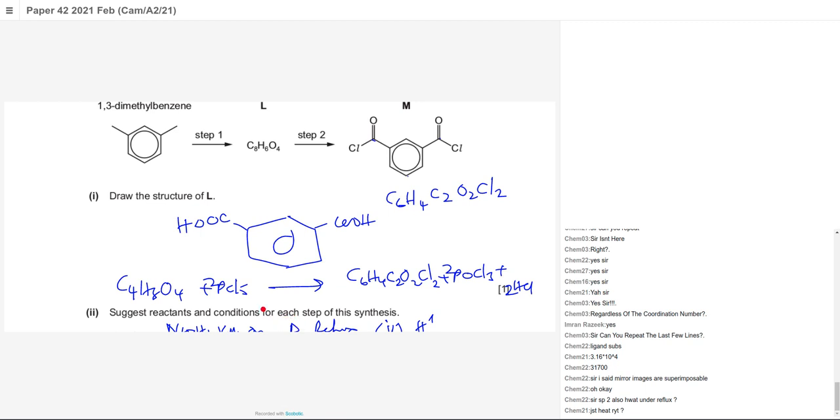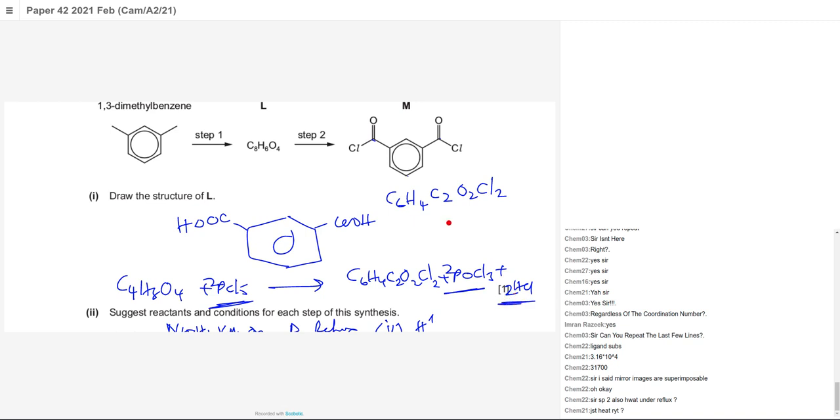Of course, with benzene derivatives you always heat under reflux because they're volatile. Reflux is better. Sometimes they give marks for heating as well. So remember, it's 2 PCl5, 2 POCl3, and 2 HCl, because for 1 OH you need 1 PCl5.